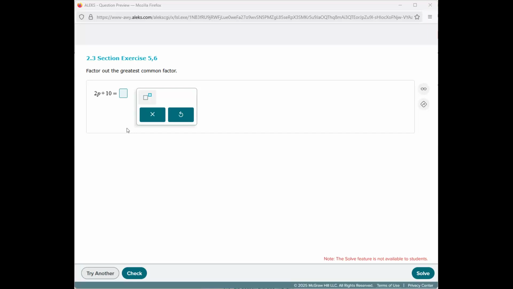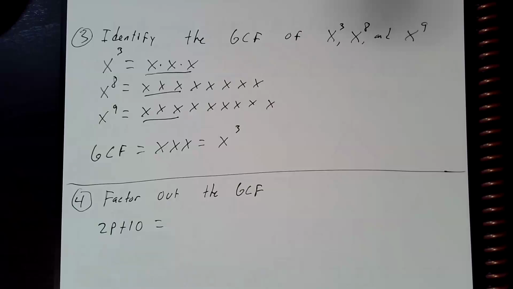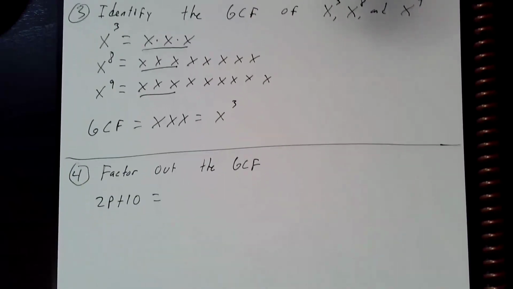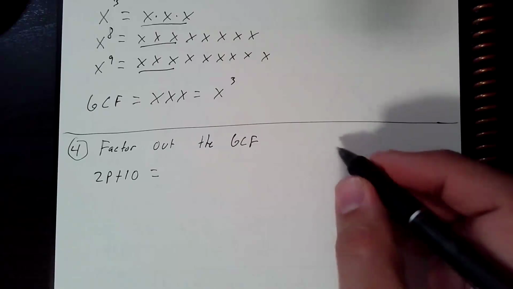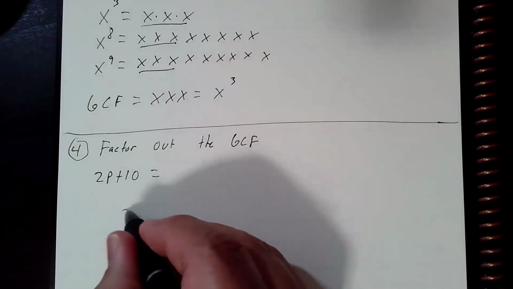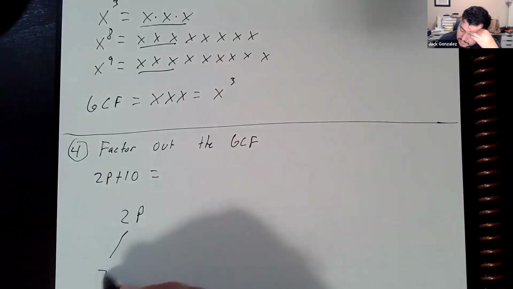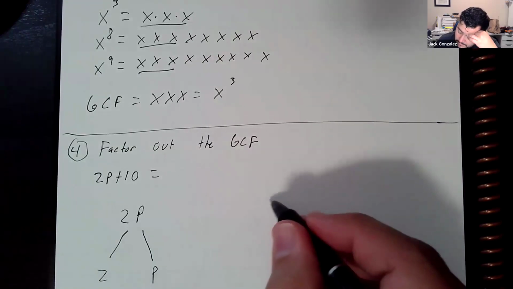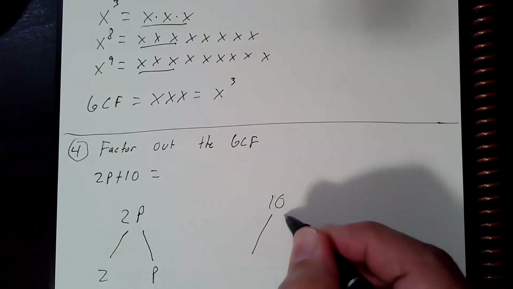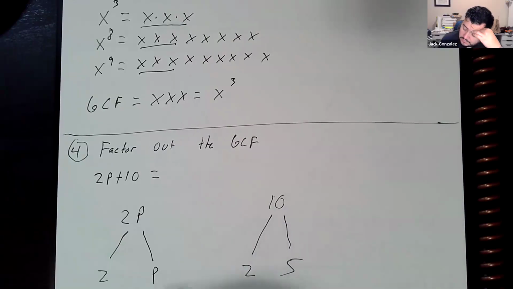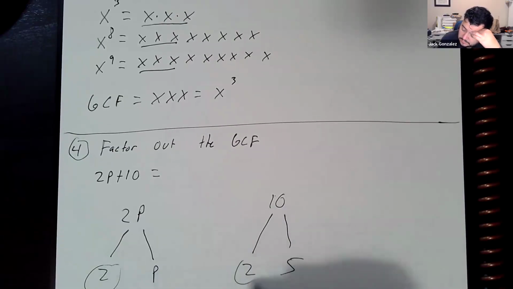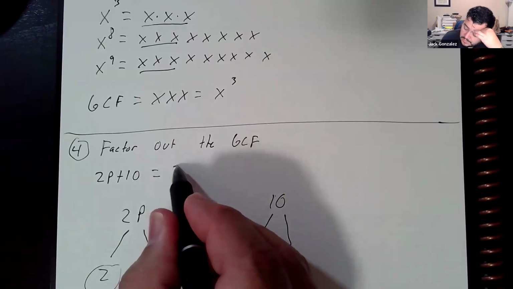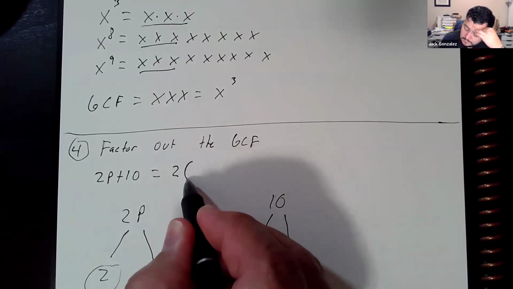On equations like this, you could say, 2 and p, well, that's just 2 times p. And 10 is really 2 and 5. So I know that they have this 2 in common, so I'm going to factor out a 2 from both of them.